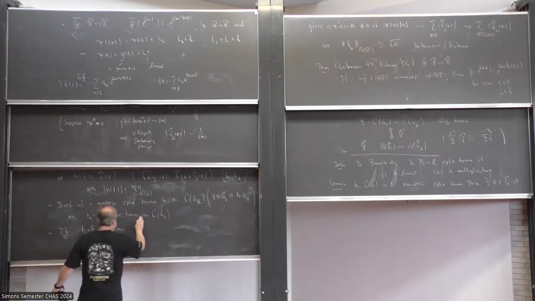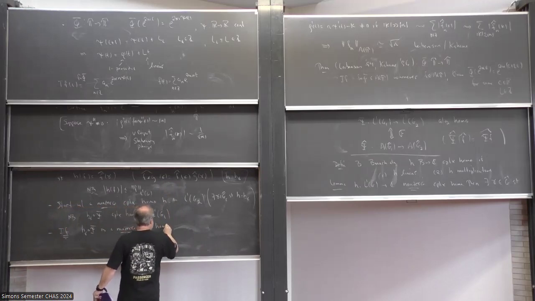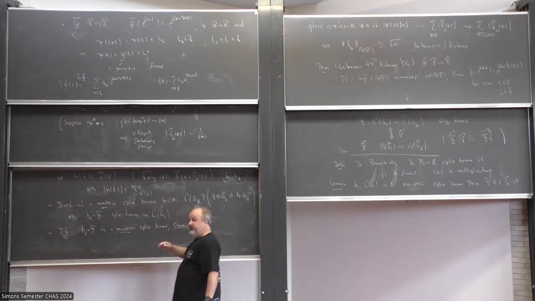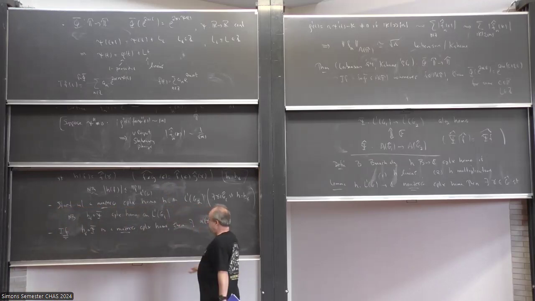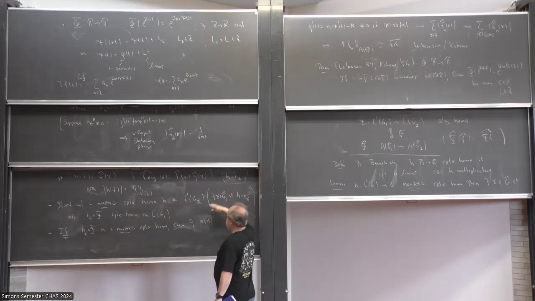So, big if, if this composition is non-zero, it's definitely a complex homomorphism, but if it's a non-zero complex homomorphism, then by our lemma there exists an element, which of course depends on this homomorphism, in G2 hat.